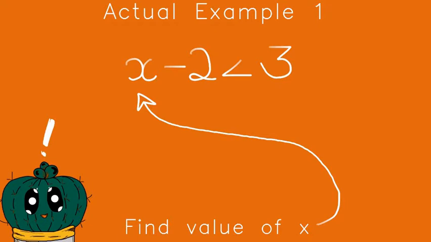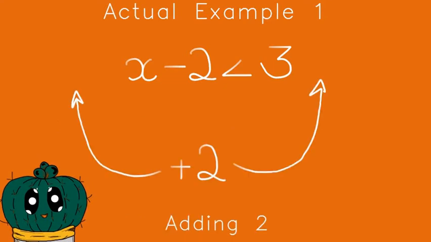Whenever we're trying to find the value of any variable, we need to have the variable isolated on one side. In this case it's going to be the left side, and we want all of the other stuff on the right hand side, and it's better to have that simplified. So let's first of all add 2 on both sides.